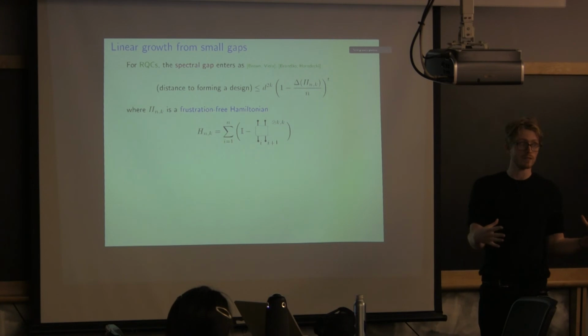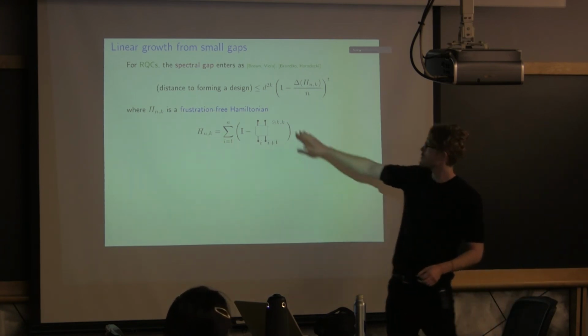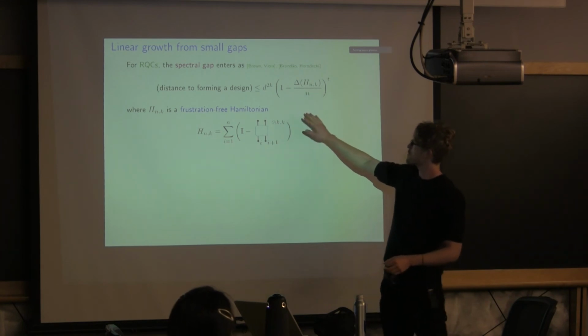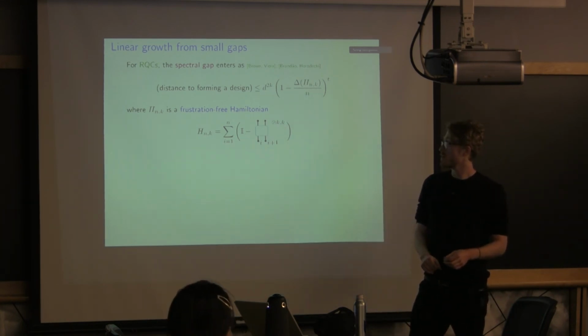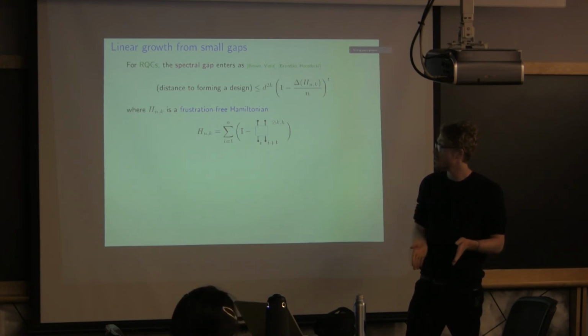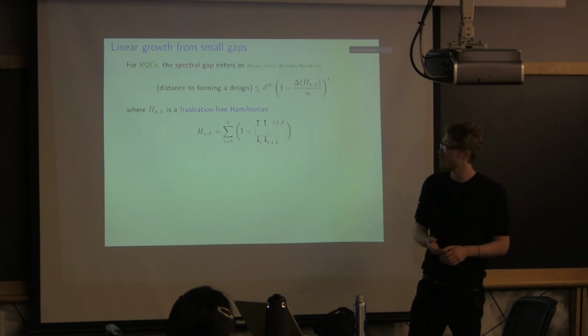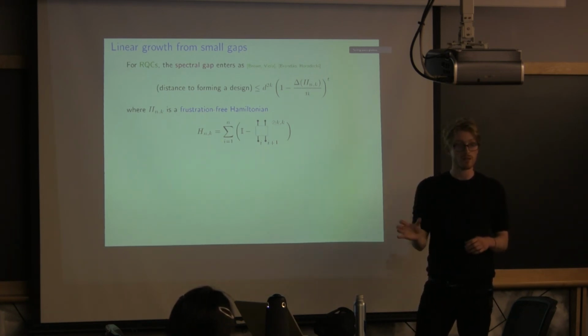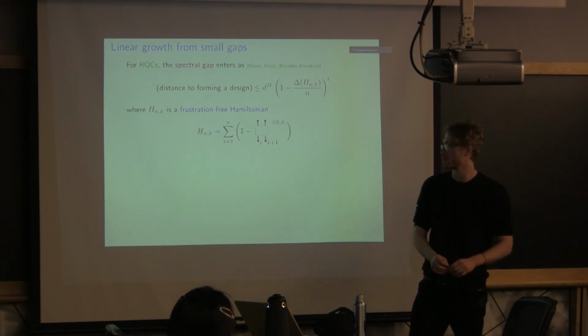You have a distance to forming a design, and you can upper bound that, at the expense of some dimension factors, by an expression which is basically 1 minus the gap to the t. And the gap of this Hamiltonian is something you can apply different techniques to get lower bounds on. This Hamiltonian is what's called frustration free, which just means that the ground state of the Hamiltonian is also the ground state of each term. The terms aren't fighting each other to lower their energy.